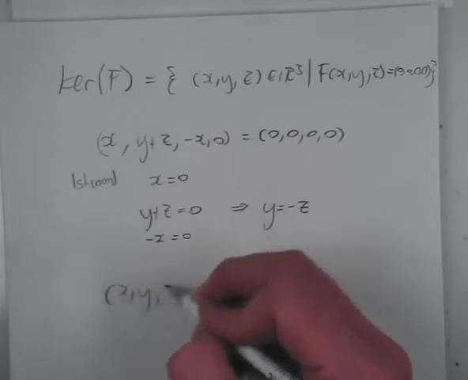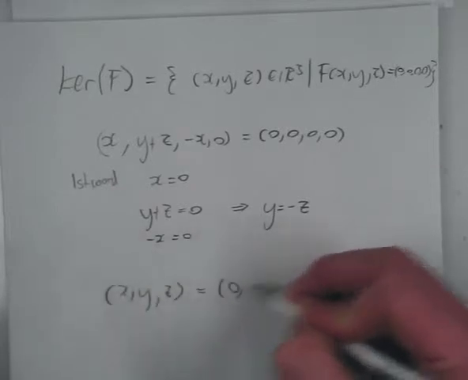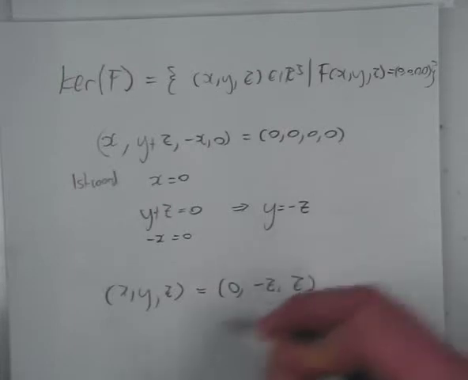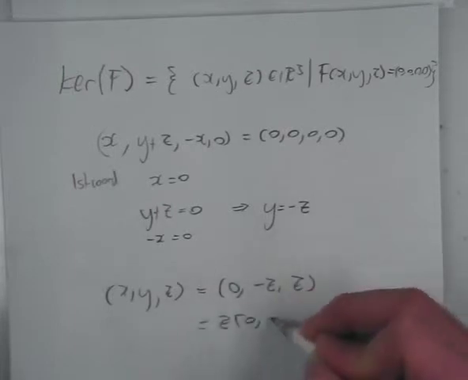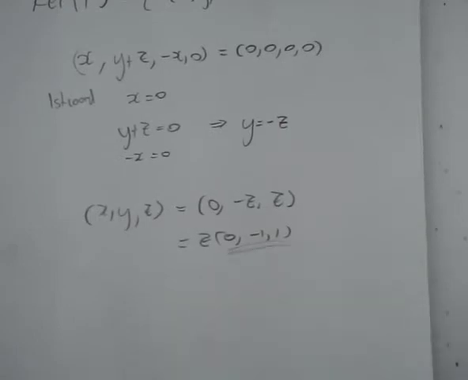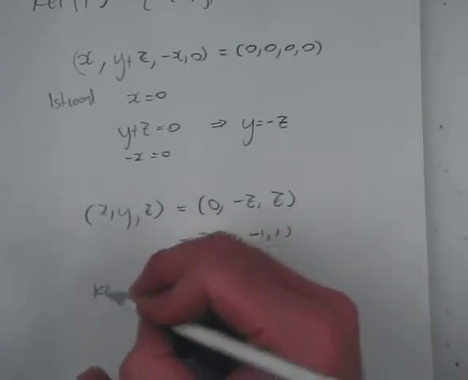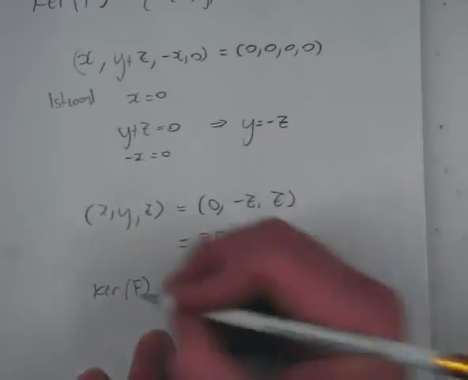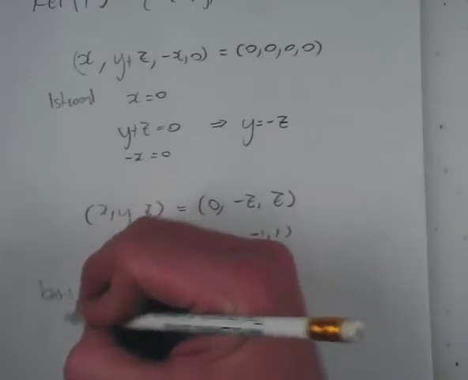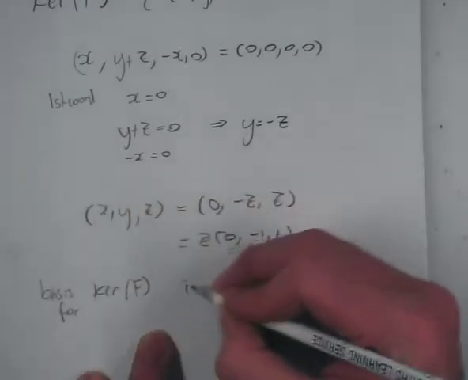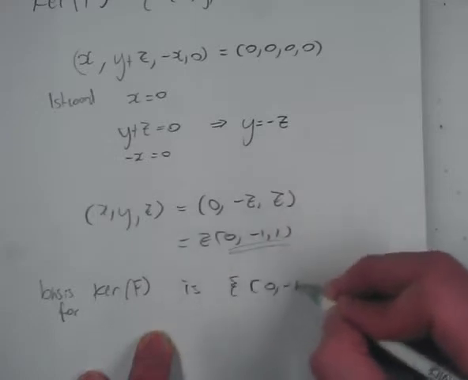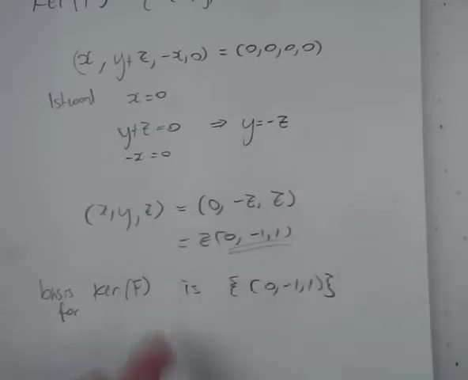So in fact, x, y, z is equal to 0, minus z, z, which is z times 0, minus 1, 1. And so therefore I've written it as a span. So therefore a basis for the kernel of f is 0, minus 1, 1. Okay, yay.